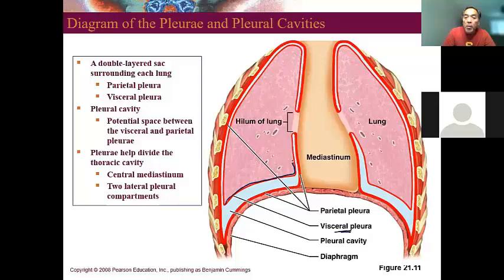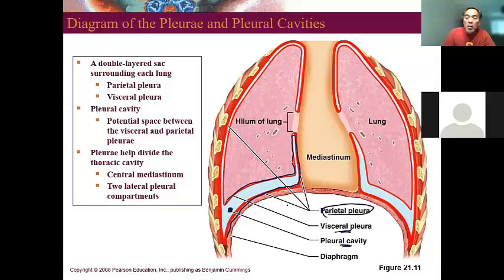And then the visceral pleura will go and wrap around the wall of the cavity of the lung, and that membrane is called the parietal pleura. In between the two pleurae is a cavity, and that is called the pleural cavity.